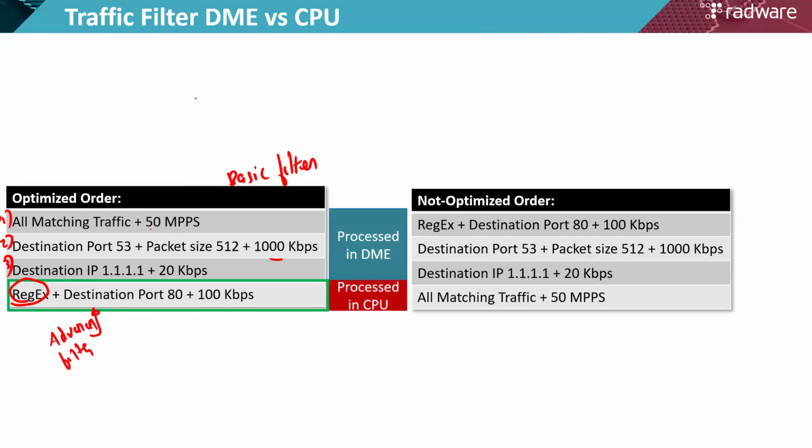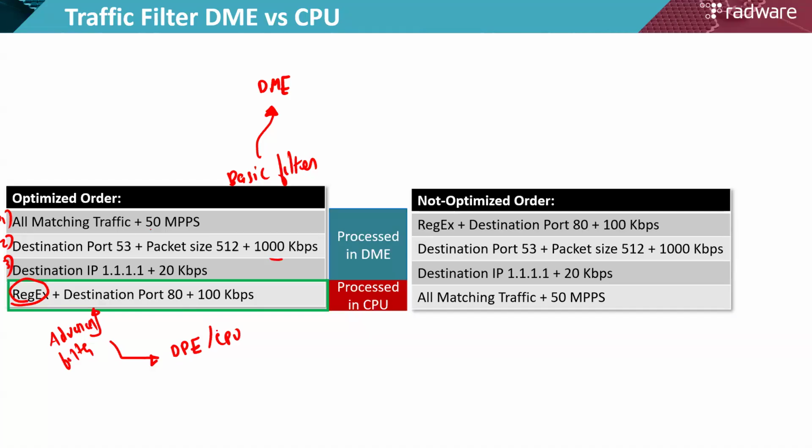The basic filters are generally processed by the DOS mitigation engine, while the advanced filters are processed by DPE, or the CPU. So this particular thing needs to be kept in mind.